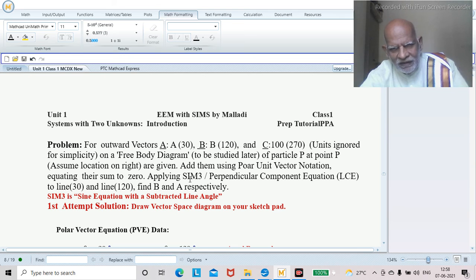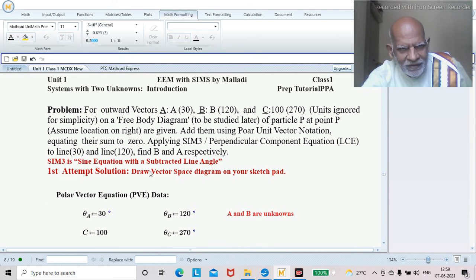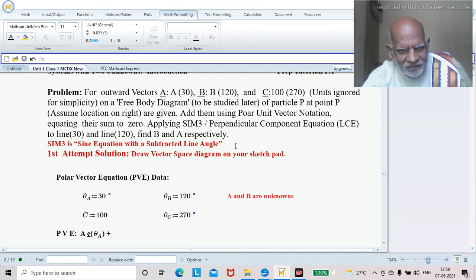I changed the wording a little bit because the same thing can be said in different ways, but it's the same problem that we have already solved as an example.